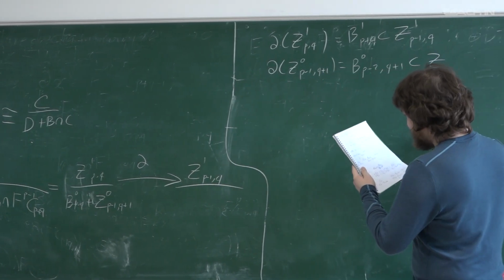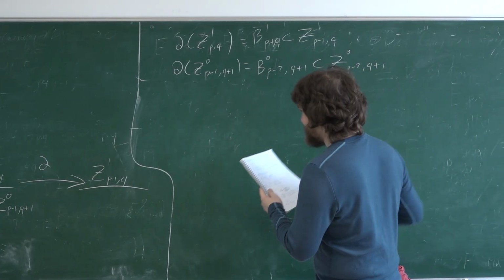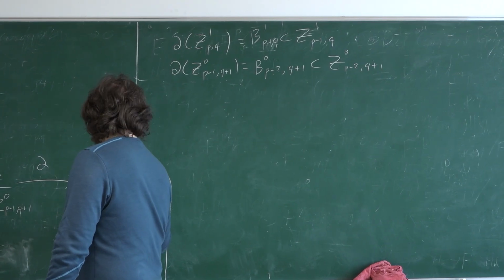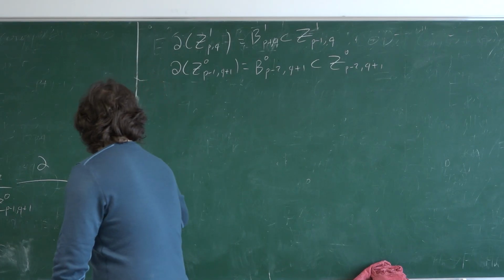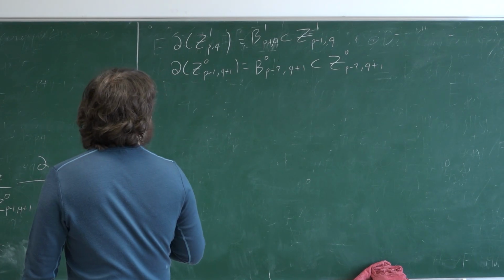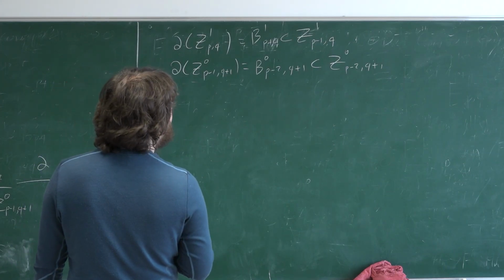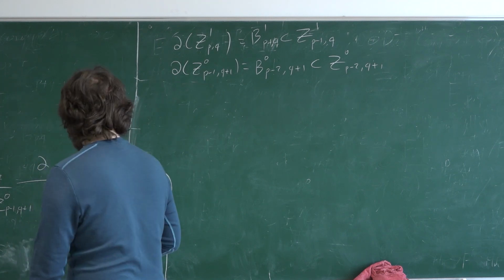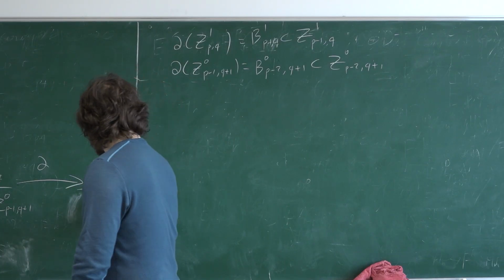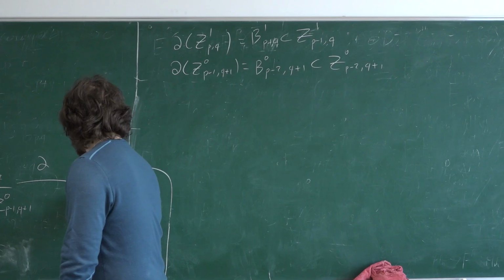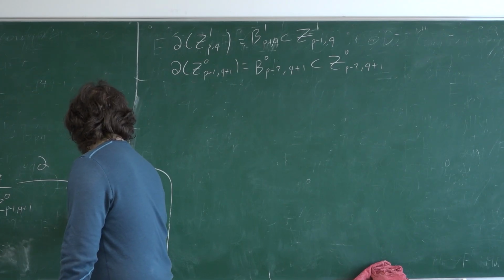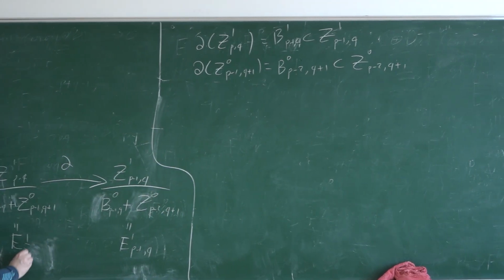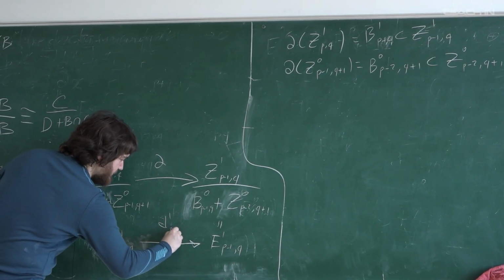It lies in Z0 P minus 1 Q plus 1. I can also quotient by something else, and this is by definition E1 P minus 1 Q. This is E1 PQ, and this is my differential d1 PQ.